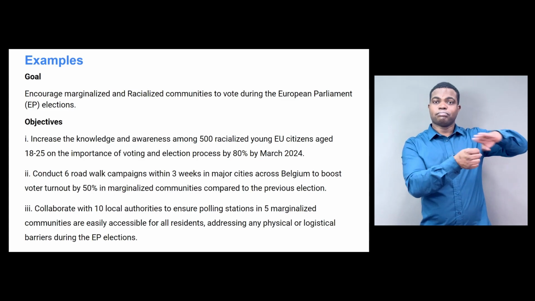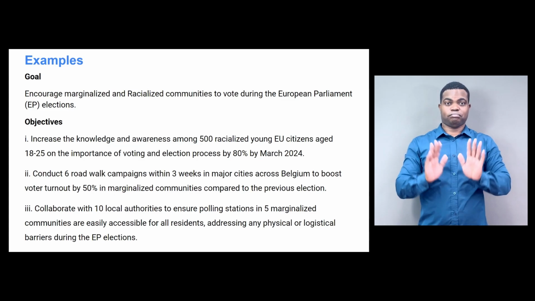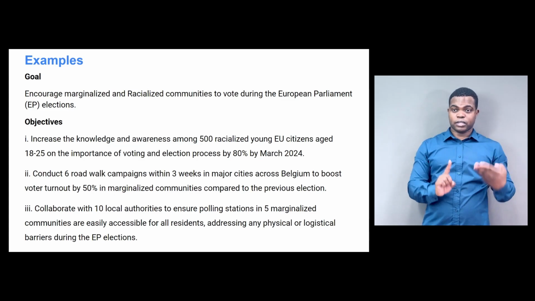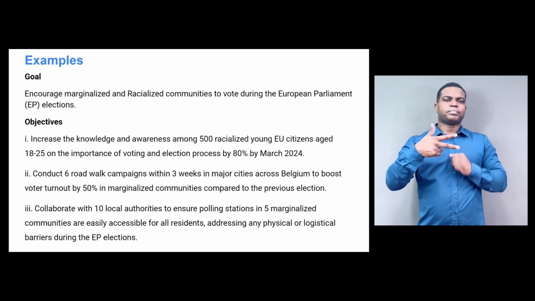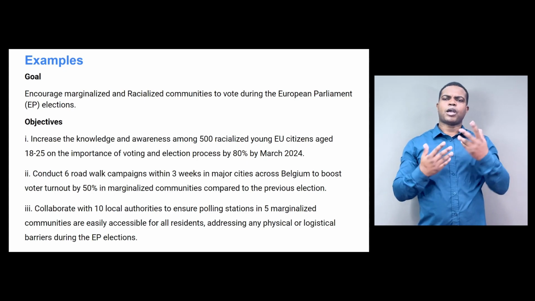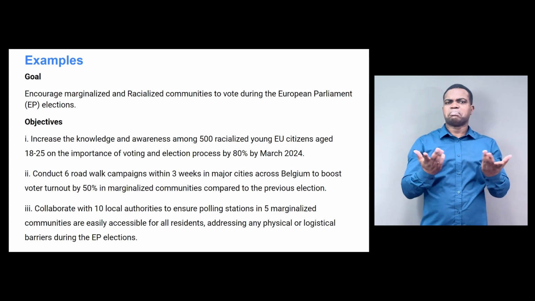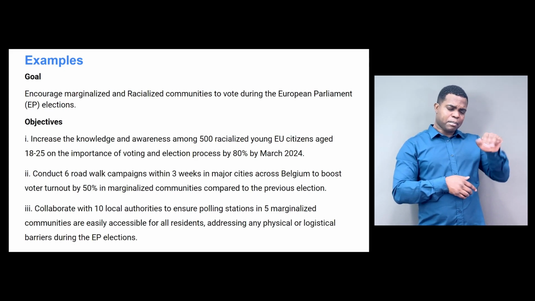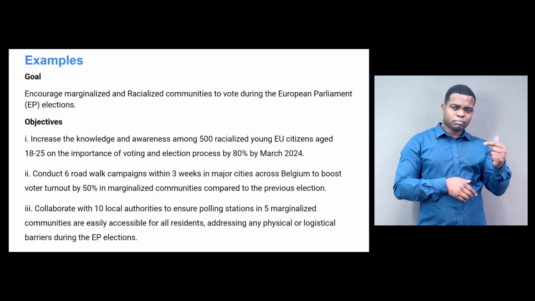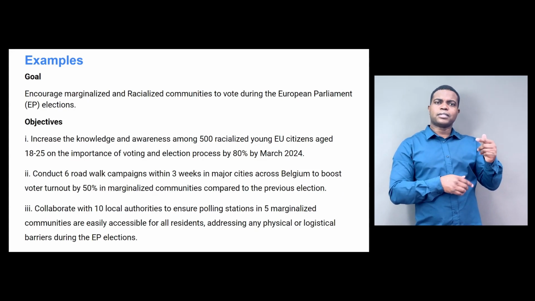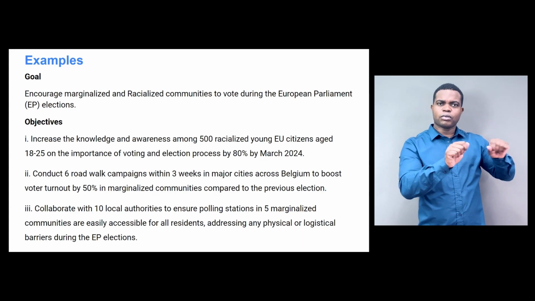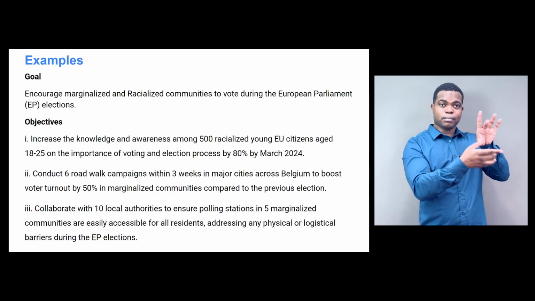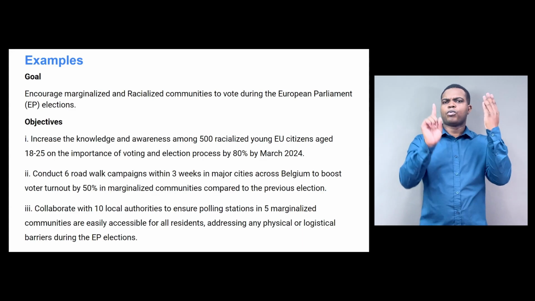So let's say this is your goal. Then your objectives could be these three objectives. So now you are going to be looking at these objectives and ticking off the checkbox if they are actually SMART. Remember, SMART: specific, measurable, achievable, realistic, and time-bound.